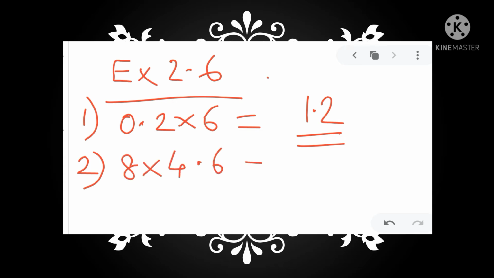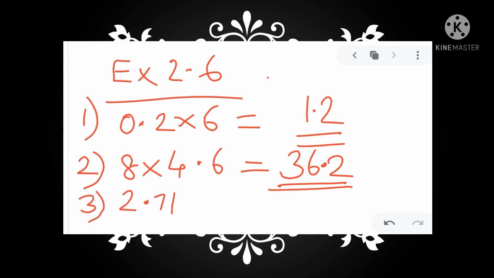We want to multiply 8 into 46, the number is 368, but the question contains 1 decimal place, so the answer is 36.8. Third one, 2.71 into 5. We want to multiply 5 with 271. 5 7s are 35, 3, 5 2s are 10 plus 3, 13. But this contains 2 decimal places, then 13.55.